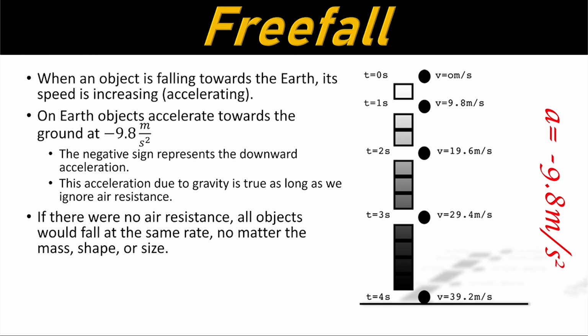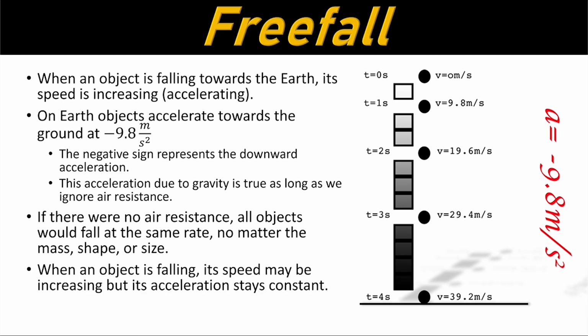So if there were no air resistance, all objects would actually fall at the same rate. Doesn't matter the shape, doesn't matter the size, doesn't matter how heavy it is. You could drop a hammer and a feather, and they would both hit the ground at the same time if you were to remove air resistance. But we don't actually see that in our everyday lives because we have air resistance all around us.